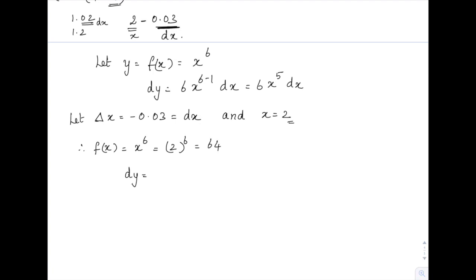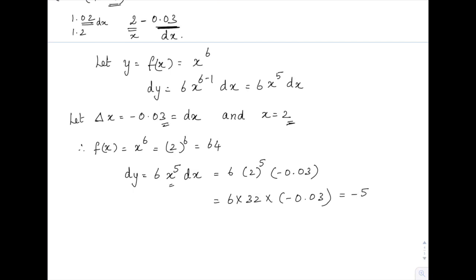Then we'll go to the dy part. dy is equal to 6x to the power of 5 dx, which is equal to 6 into x, we know it as 2, so 2 to the power of 5 into dx, which is minus 0.03, which is equal to 6 into 32 into minus 0.03, which is equal to minus 5.76.